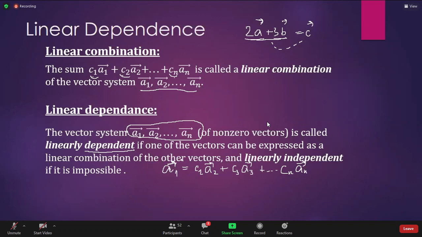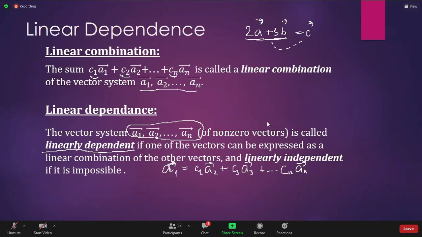If this is possible, we say the system is linearly dependent, because the vector A1 depends on the rest of them. It might be that I express the vector A2 or A3. In many cases, it doesn't matter which vector is expressed by which other vectors.